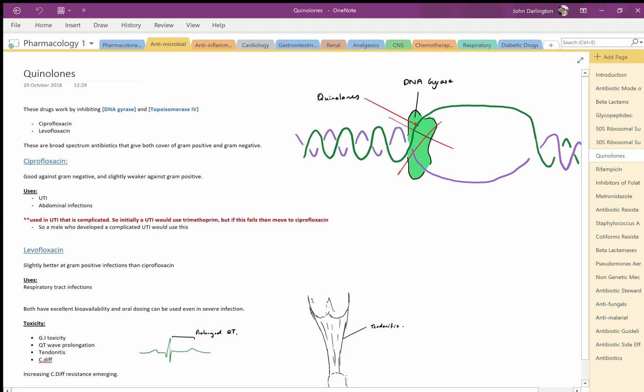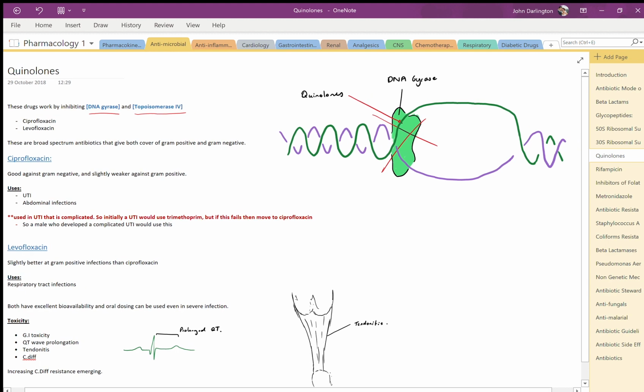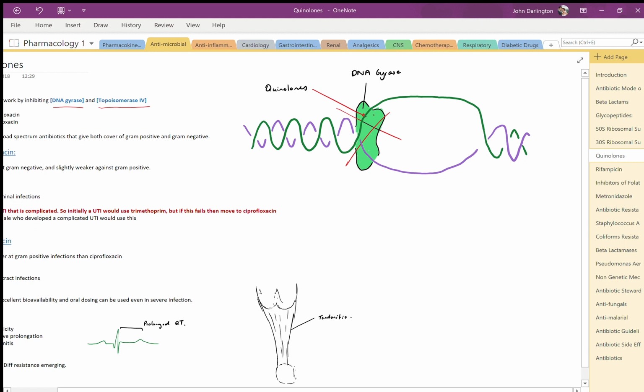Okay, moving to quinolones. This is actually very relevant for you guys to know because of the side effect. So first of all, what is it? Well, there are two main drugs, ciprofloxacin and levofloxacin. They work on something called DNA gyrase and topoisomerase. All you need to know is that DNA gyrase is important for reading the DNA as it unwinds.